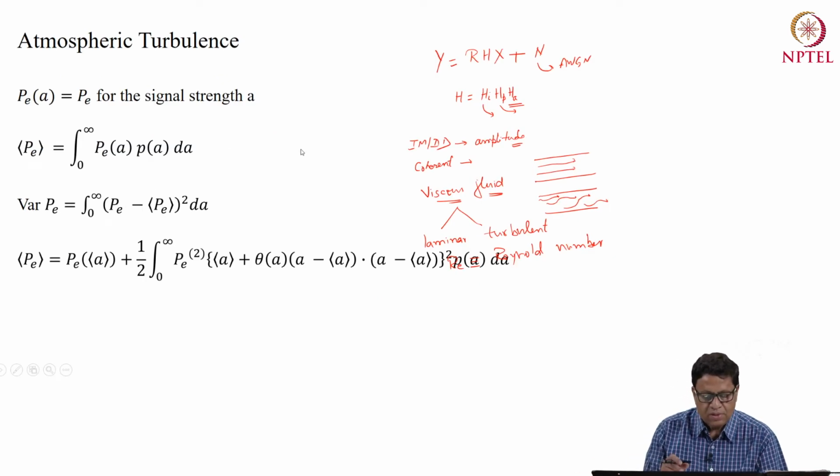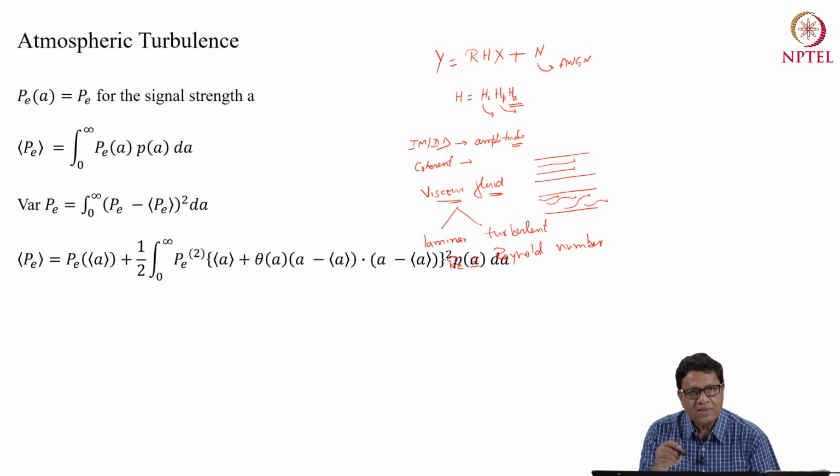Now, let us try to understand why atmospheric turbulence will cause an increase in the bit error rate or the probability of error. The signal received at the receiver is random, because you require a minimum number of photons for the receiver to be able to detect the signal.